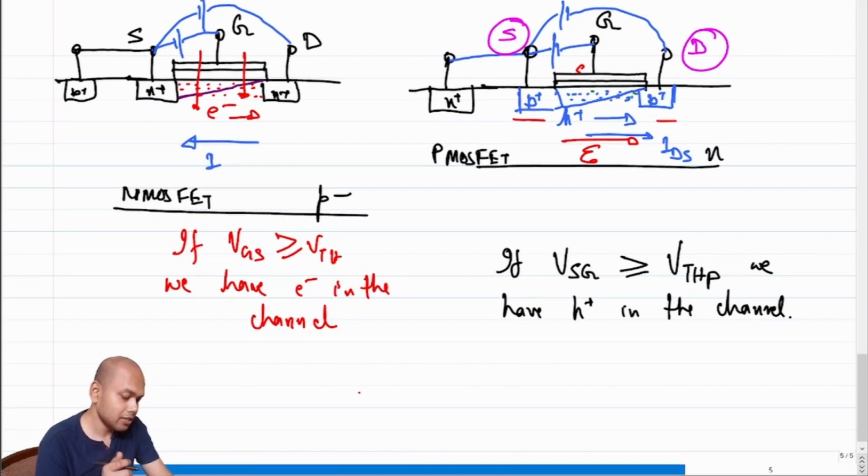Because note that the channel in this case is formed as long as the difference between the gate and the channel is negative beyond some value. So the gate has to be at a lower potential than the channel by a threshold voltage. Then only will we have holes in the channel.